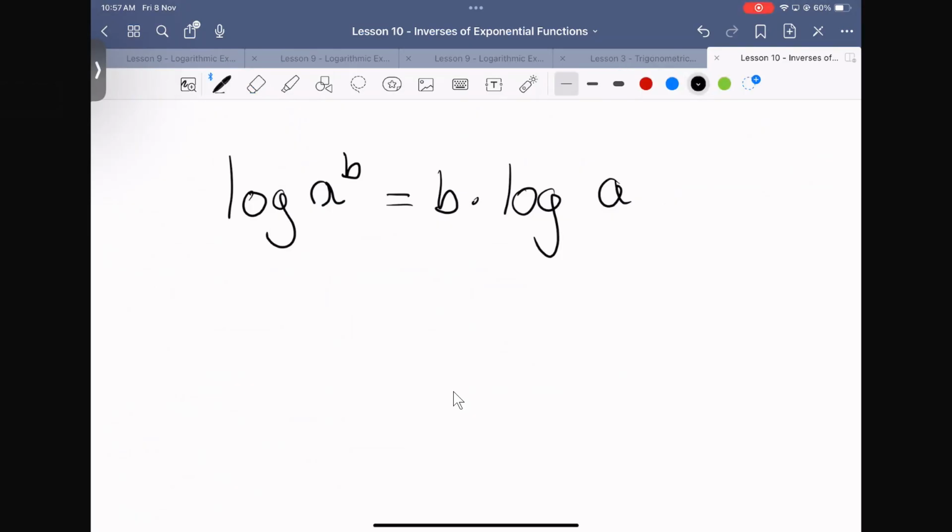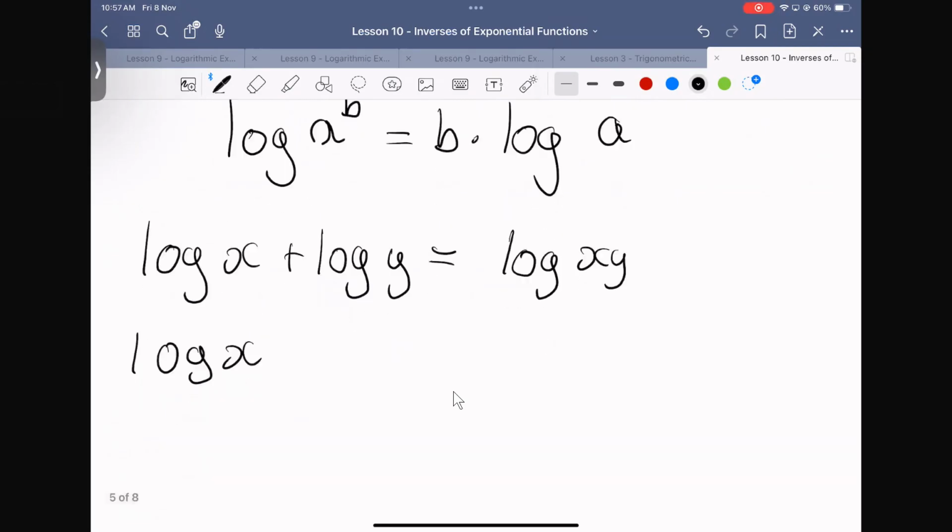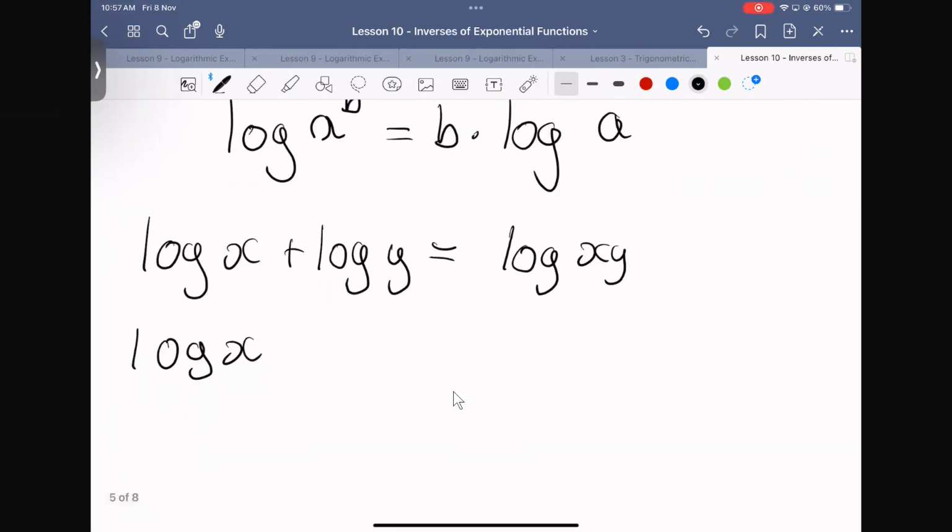The second law of logarithms: log of x plus log of y is equal to what? Log xy. Log of x minus log of y is equal to what? Log x over y.